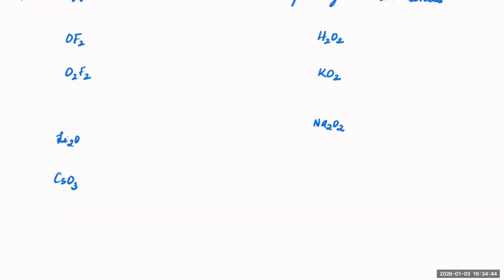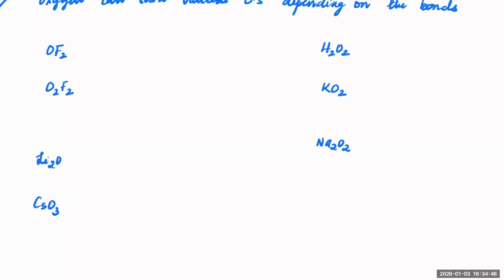Got it? Now let me calculate based on whatever theory we learned so far. Fluorine is fixed at minus 1. So X plus 2 times minus 1 equals 0, because I don't see any charge on the molecule. So X is equal to plus 2.